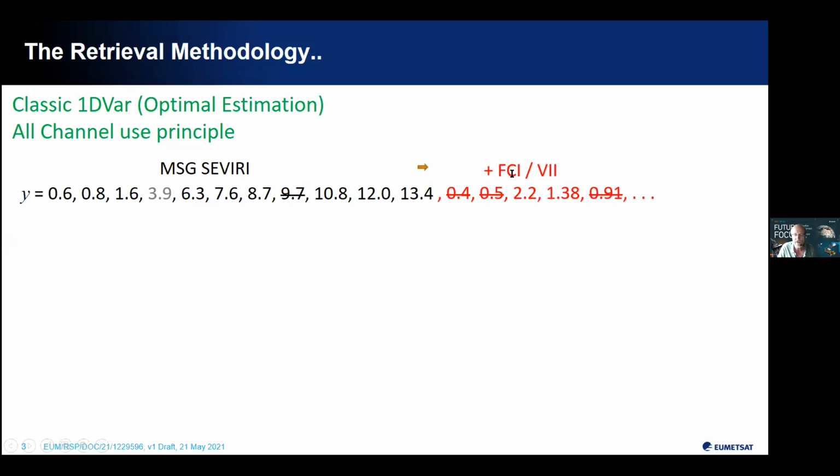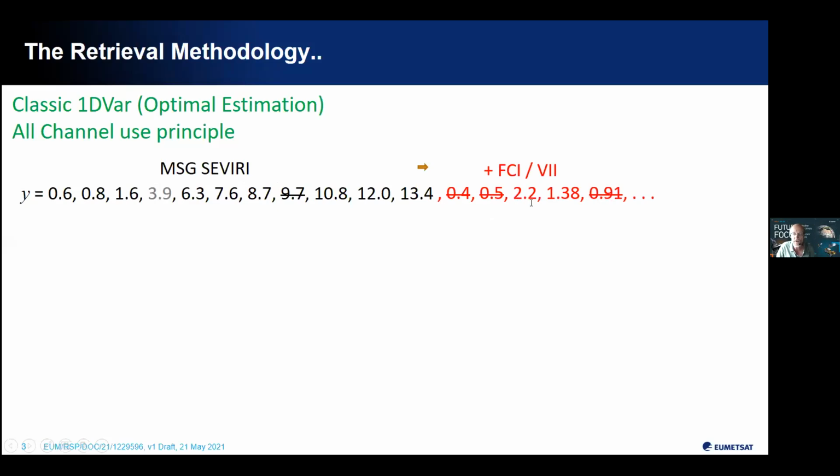When we come to FCI and VII, we'll have extra channels in the shortwave and the near infrared. Just looking ahead, so this is not going to be in the day one products, but looking ahead, what we think might be useful. We've already done some studies. For the basic cloud properties, we don't see these two channels, 0.45 being useful, nor the 0.91 water vapor channel.